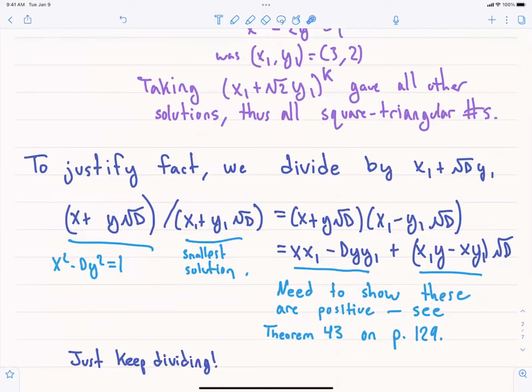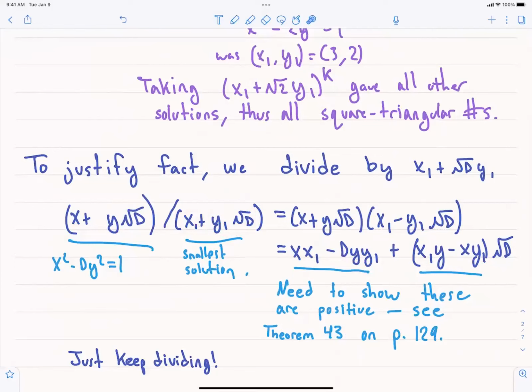This looks a lot like things we're doing in the Gaussian integers. The same holds here. If you expand this out, you get x times x1 minus d times y1 y, plus x1 y minus x y1, times square root of d. This number is definitely smaller than x, because you're subtracting off something positive.